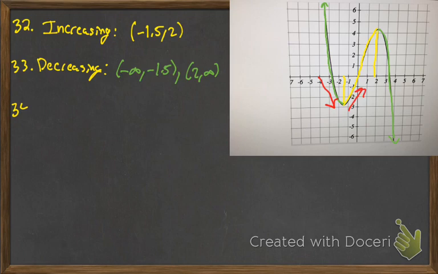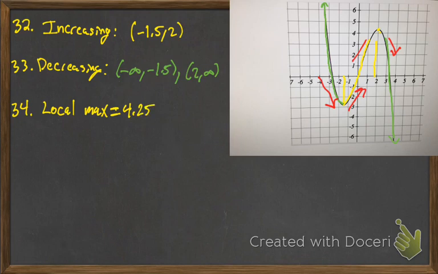So we're going to have a minimum there, and then we went from increasing to decreasing. So we're going to have a maximum there. So we're going to have a local max, and the maximum value is about 4.25.